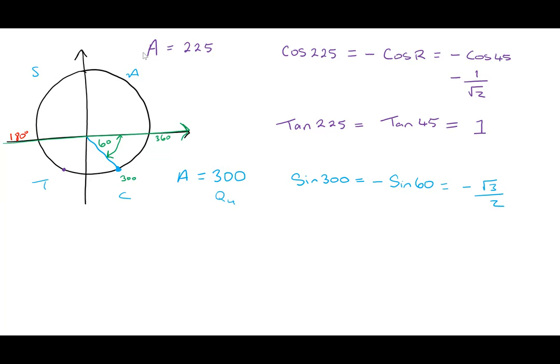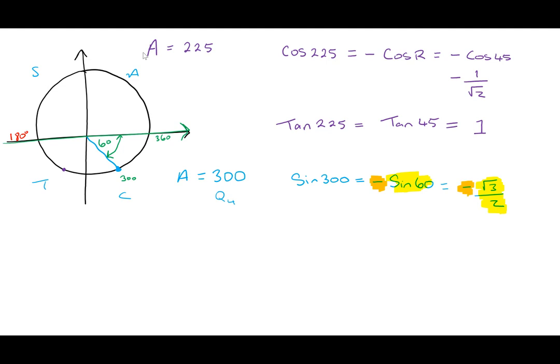On the log tables you were just looking up sine 60, and you get root 3 over 2. The minus sign is separate.